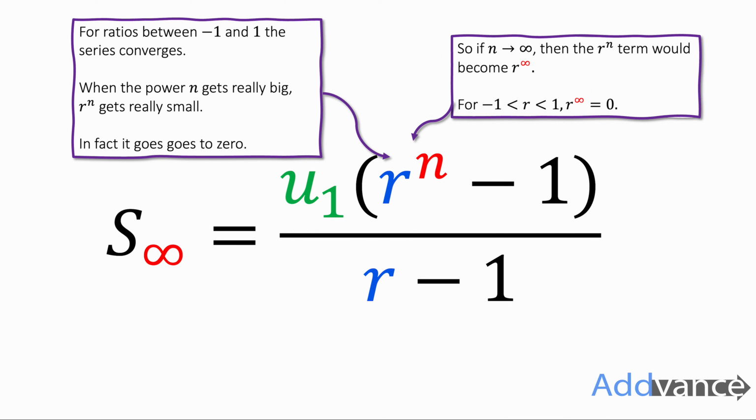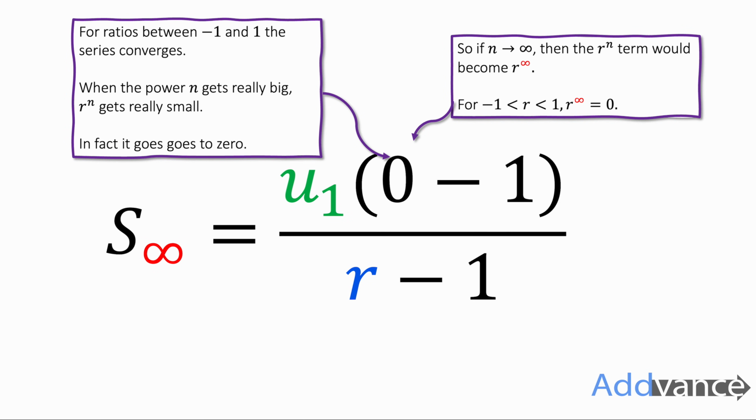So if n was to go to infinity, then r to the power n would become r to the power infinity, and for minus 1 less than r less than 1, r to the power infinity is equal to 0. So we can make this term in the formula equal to 0.